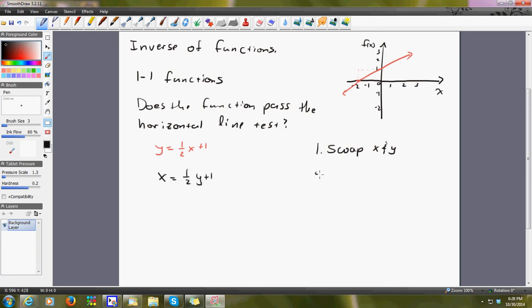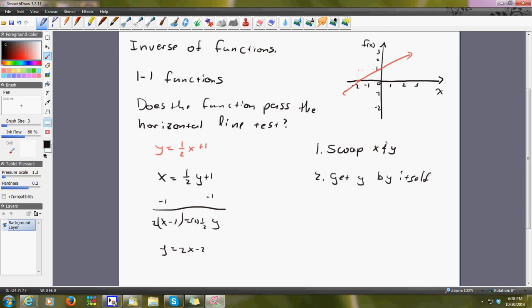That's step 1. Step 2, get y by itself. I subtract 1 and get x minus 1 equals 1/2 y. I multiply by 2, and I get y equals 2x minus 2.